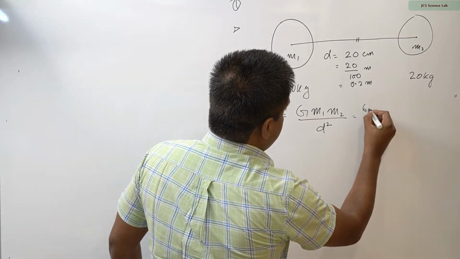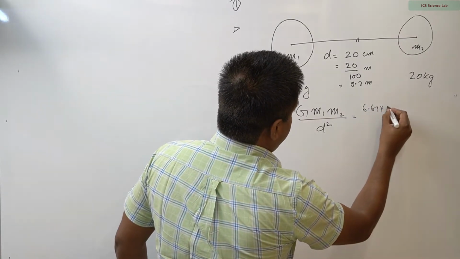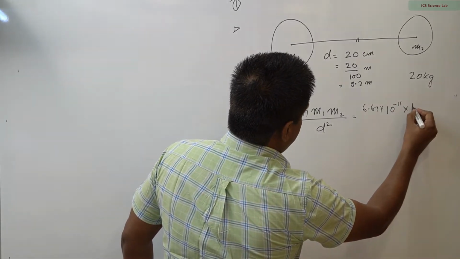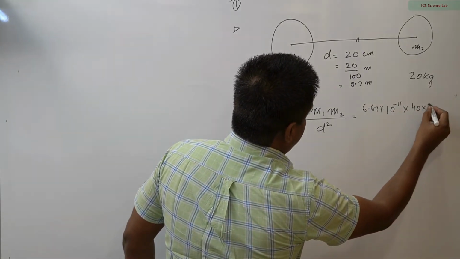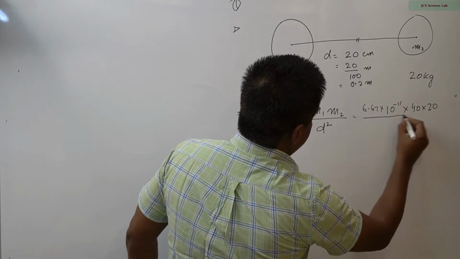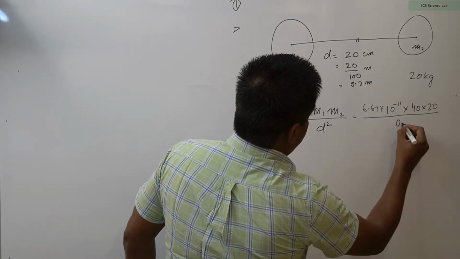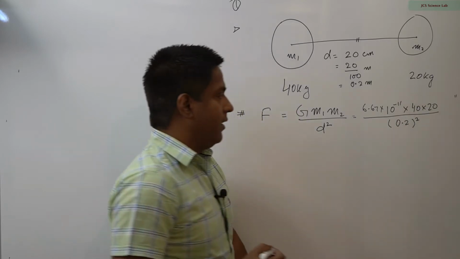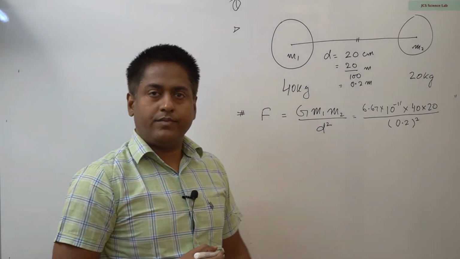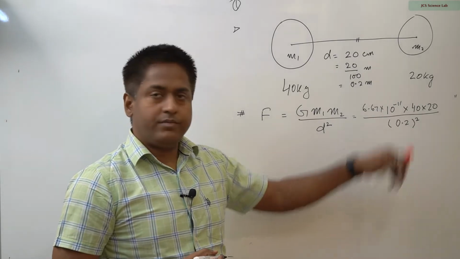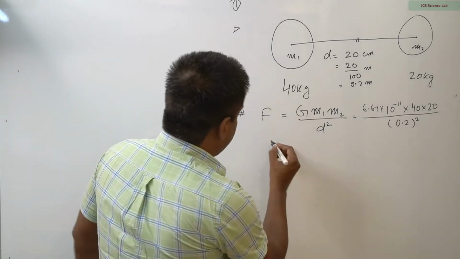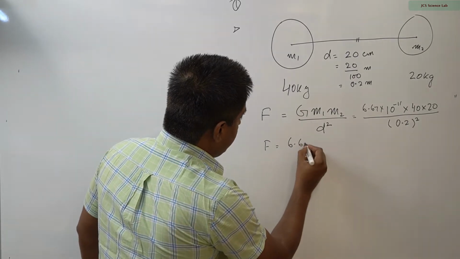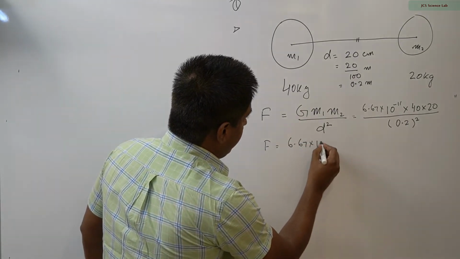G is 6.67 into 10 raised to the power minus 11. M1 is 40, M2 is 20, and d is 0.2 whole square. And now simple, solve this. So F is equal to 6.67 into 10 raised to the power minus 11.